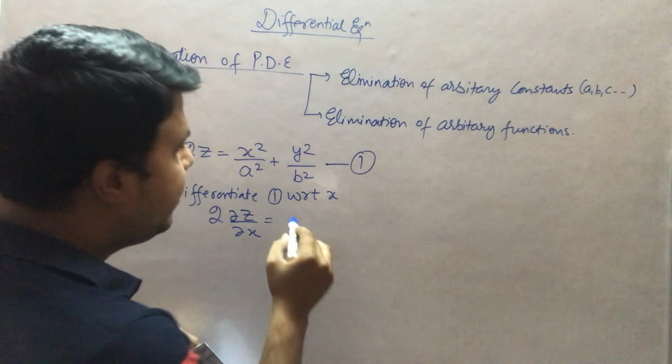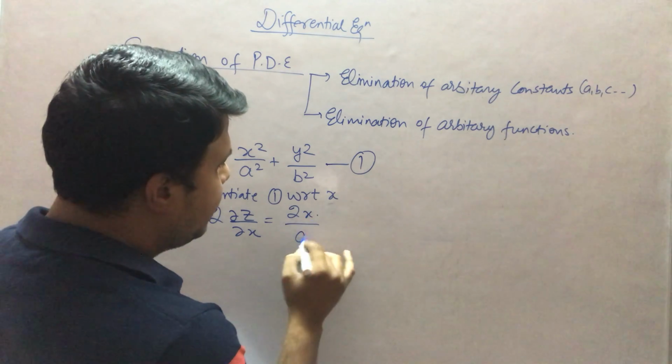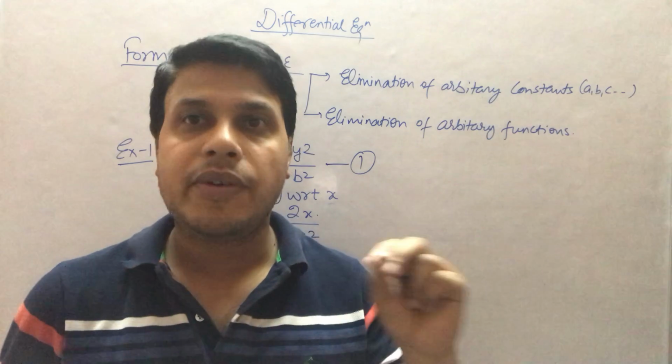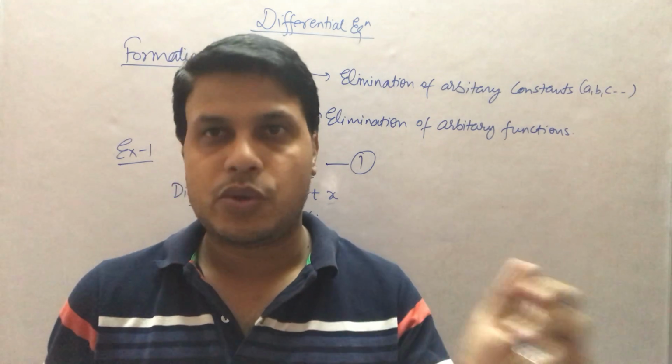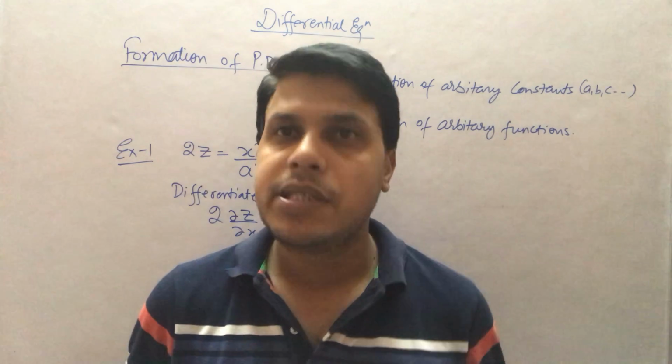So on the right hand side it will be 2x upon a square. If we are differentiating with respect to x, then we will treat y as a constant. We know that if we differentiate a constant, then the answer will be 0.